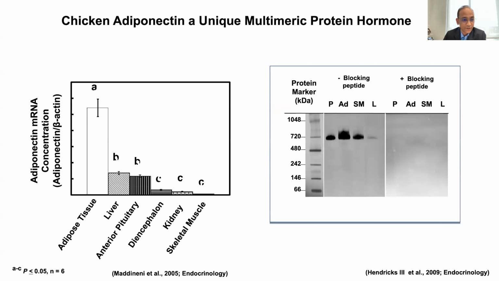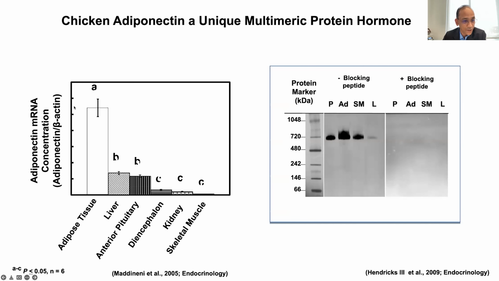So what about chickens? What we found was adiponectin is expressed in adipose tissue. Of course, that's the number one organ, and it produces most of the adiponectin. But in addition, we also found the adiponectin gene is expressed in several other tissues that are important to us, like liver, pituitary gland, like what Grigori was mentioning, the brain, and also to some extent in kidney, because kidney is also an organ that produces a lot of glucose.